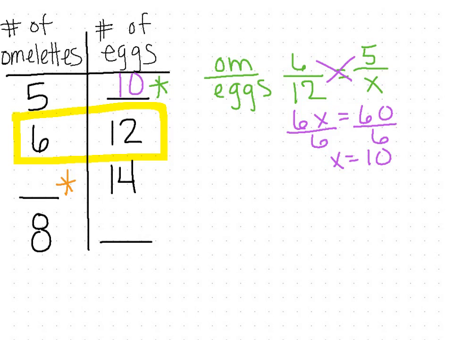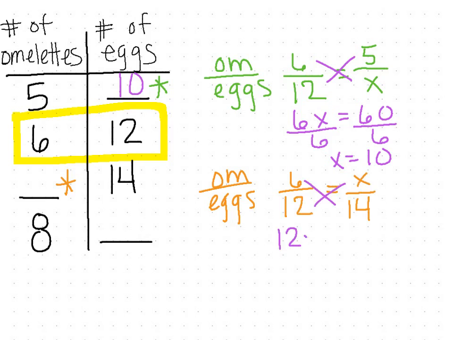So here we have 14 eggs. How many omelets can I make? Use the same proportion. 6 omelets is 12 eggs. How many omelets can 14 eggs make? And again, cross multiply. 12x equals 60, 84.